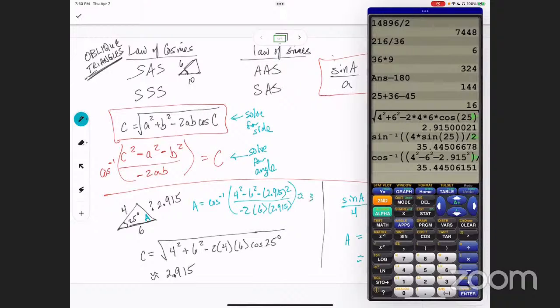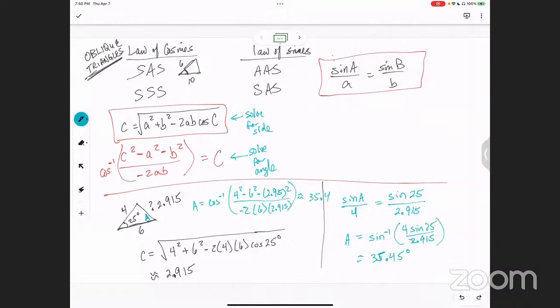That's because I did it right. I'm just a little confused, because if C is 2.915 and you're using that one, why is 2.915 in the B position? Like, why is it -2, 6, 2.915? I thought 2.915 was C. Remember, this C is only relating to A. A, B, and C are subjective, or objective.